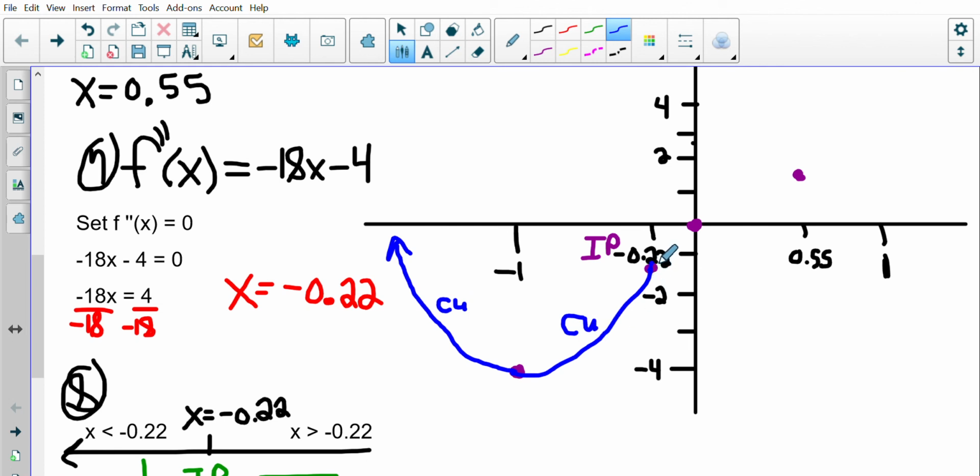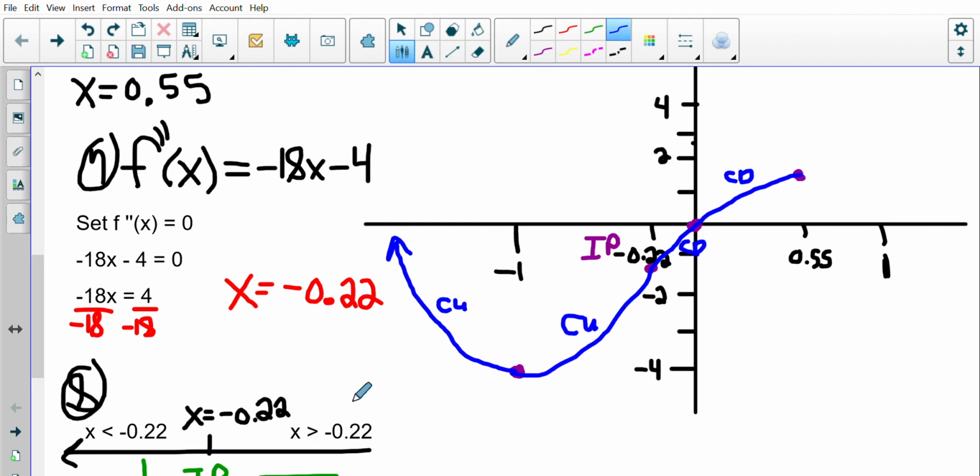It goes concave down the rest of the way. Maybe try to draw that just a little bit better. Again, that's concave down in this spot.